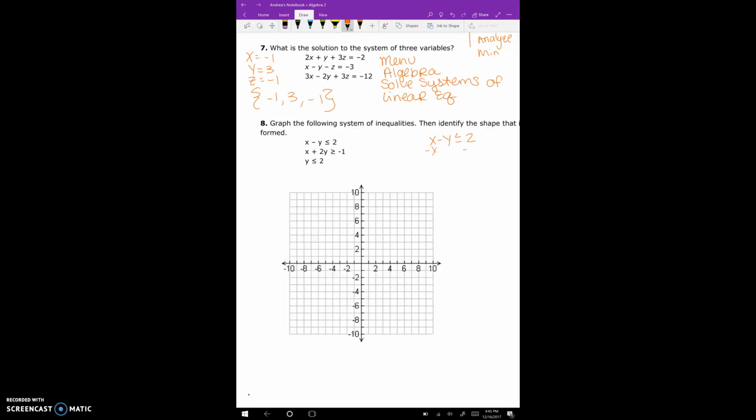I'm doing this because I don't have a calculator handy. But you can definitely just do this in your calculator. So y is greater than or equal to, I changed that sign because I divided by a negative, x minus 2. So -2, I'm going to go up 1 over 1, up 1 over 1.